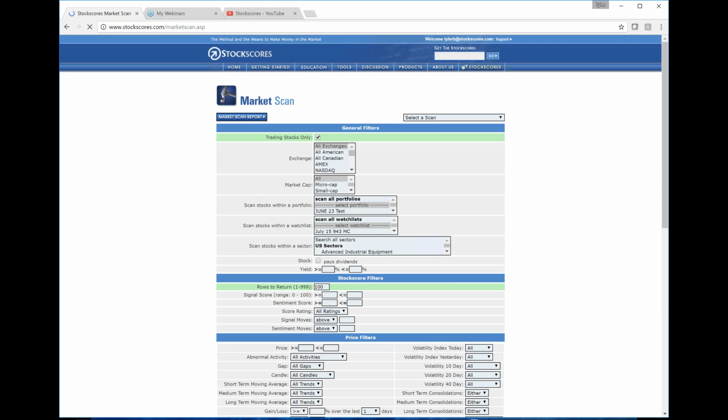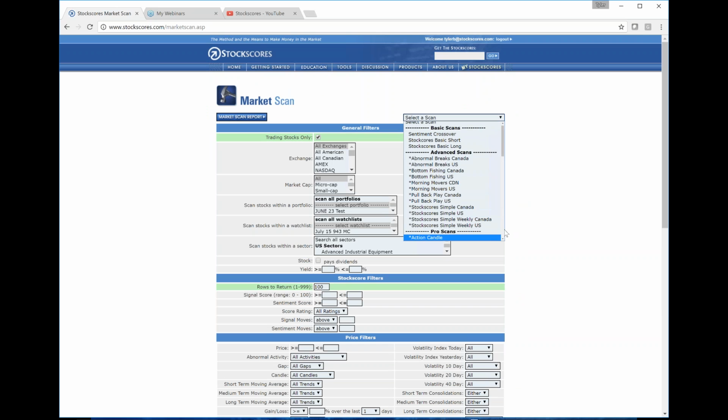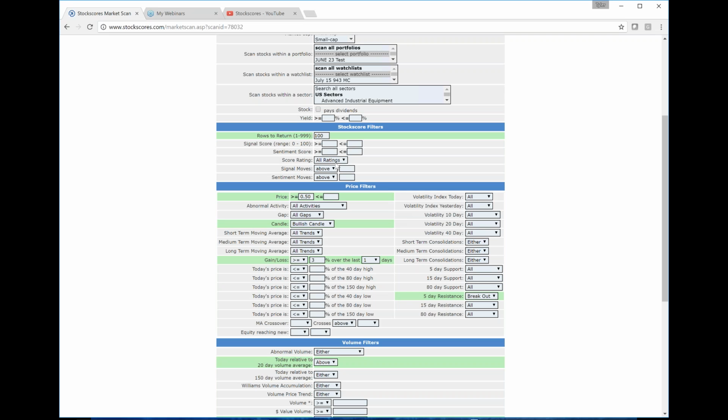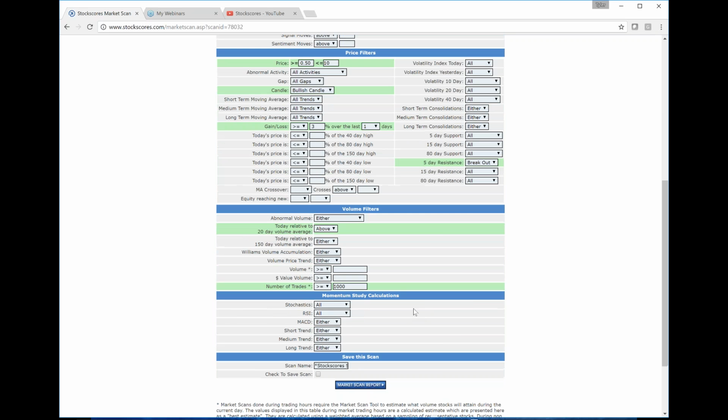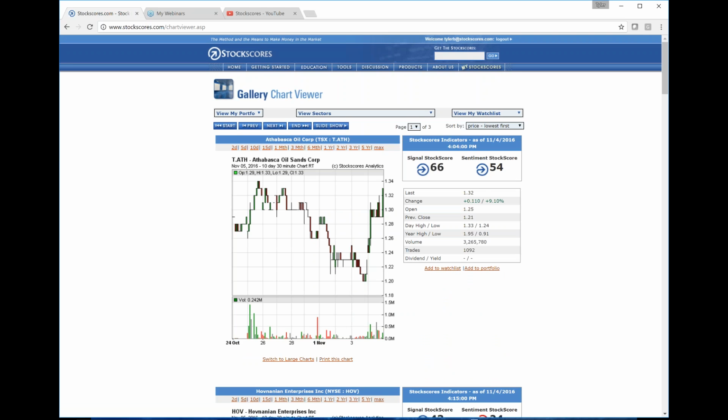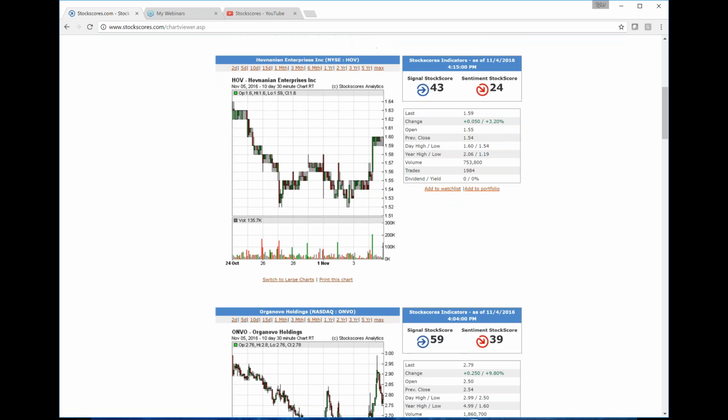All right, so let's go back to the market scan and select the Stockscores Simple Swing. And I'm going to apply this on stocks under $10. So I can add in a filter to say under $10 and run the report. And then I can look through these short-term charts for good pattern breaks.